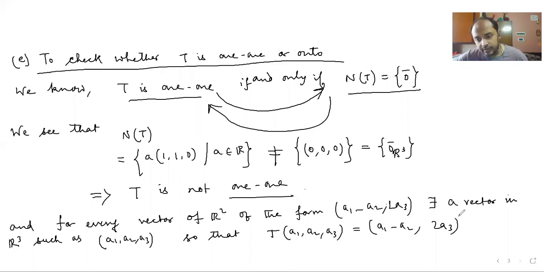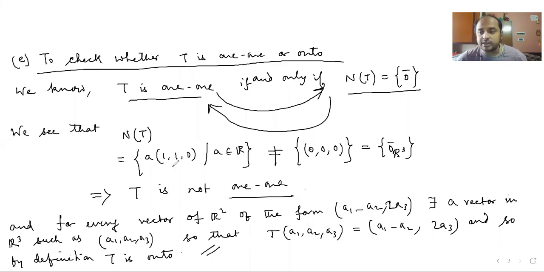This is true, and so, by definition, T is onto. So this transformation is not one-to-one, but it is an onto transformation. Okay, so this completes our problem. If you have any doubt, you can ask me. If you do not have any doubts, then you can write in the chat box. If you do not have any doubt, I can go to the next problem.